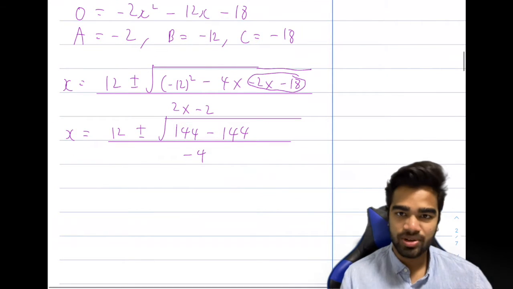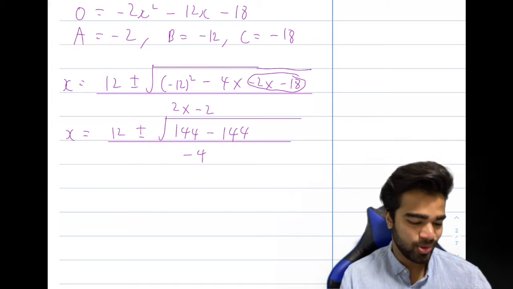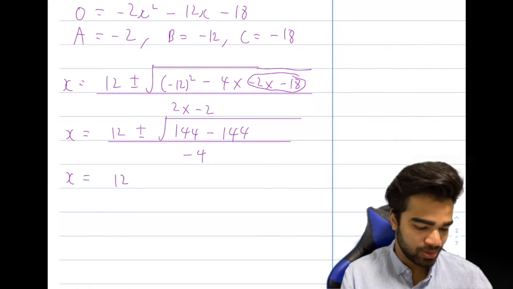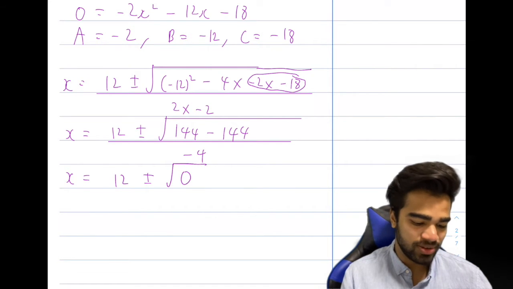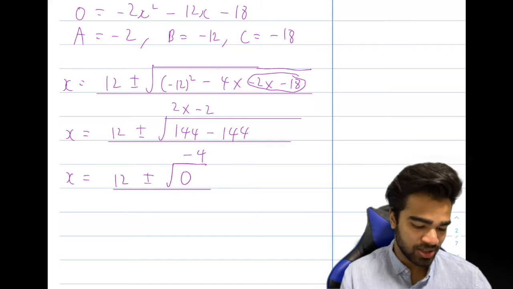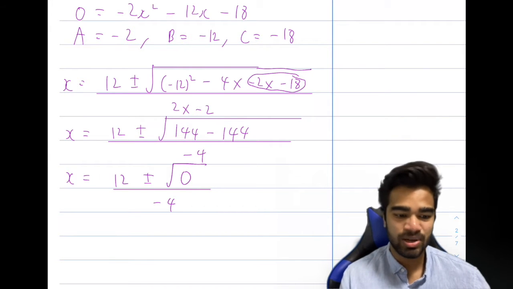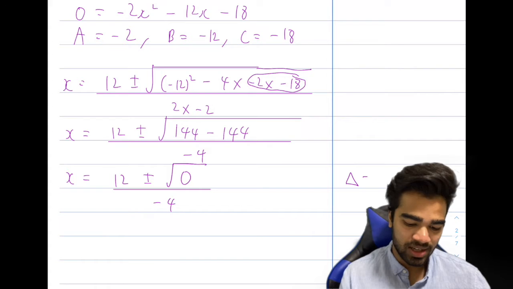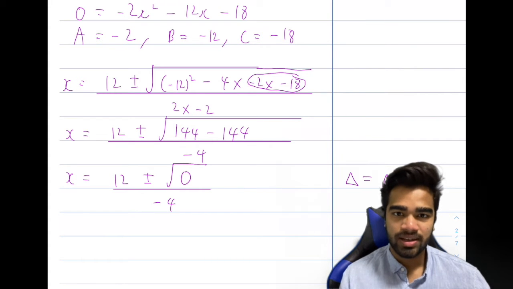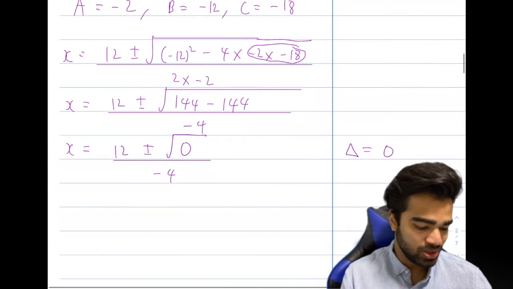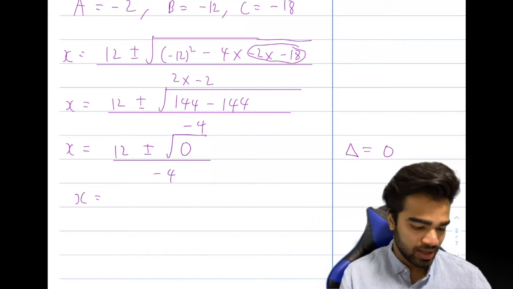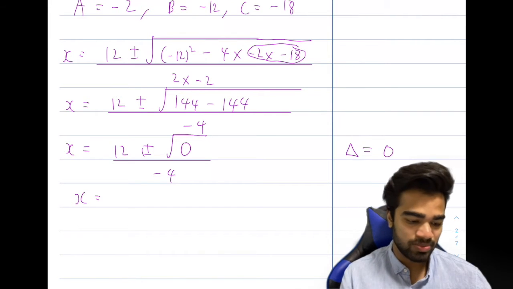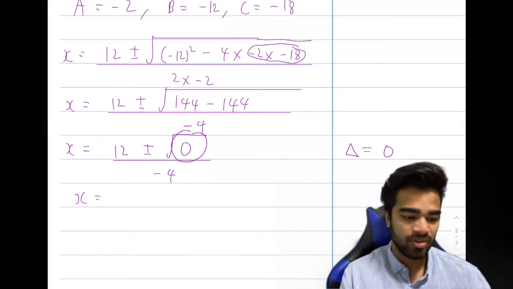Okay, what do you notice here? What's 144 minus 144? Well, it's 0. x is equal to 12 plus or minus the square root of 0. So what was our discriminant? Remember, the discriminant is the thing that's inside the square root. Our discriminant in this case was equal to 0. And how many solutions do we end up with? Well, the square root of 0 is just 0.